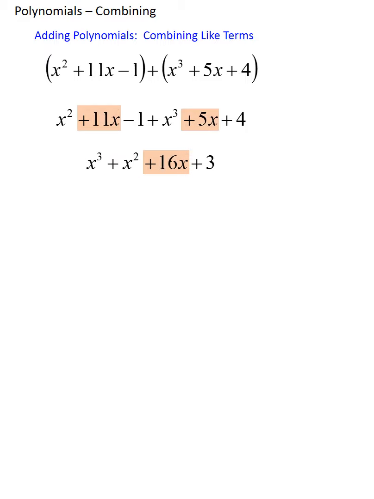However, we do have two linear terms that are combinable, 11 plus 5 is 15, so those terms combine that way. And likewise, there's two constant terms here, which are also combinable to make 3. So essentially, when you're adding polynomials, you just disregard the parentheses and combine like terms. And now we have our answer in standard form.